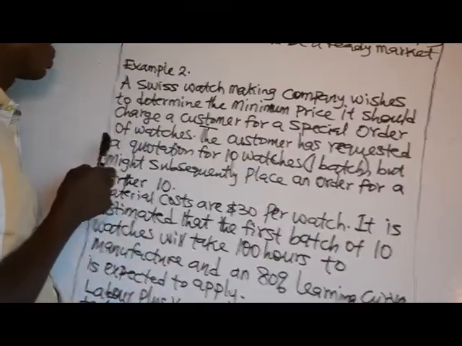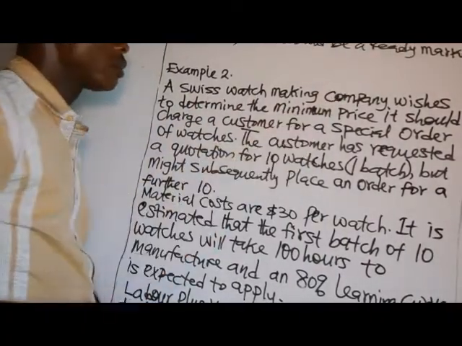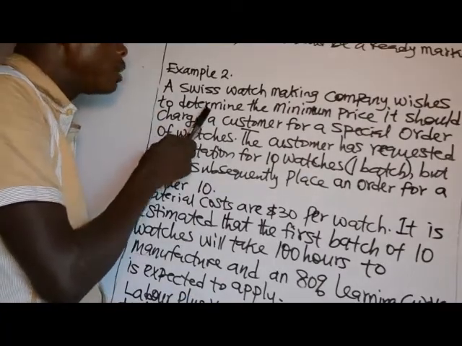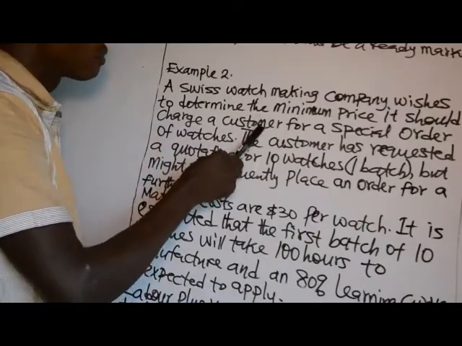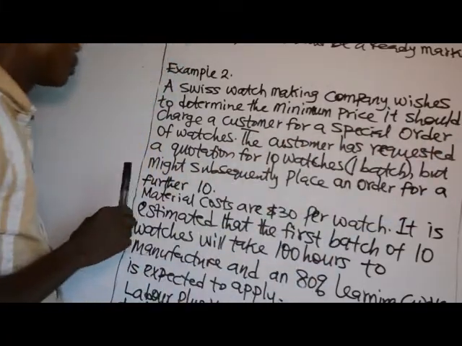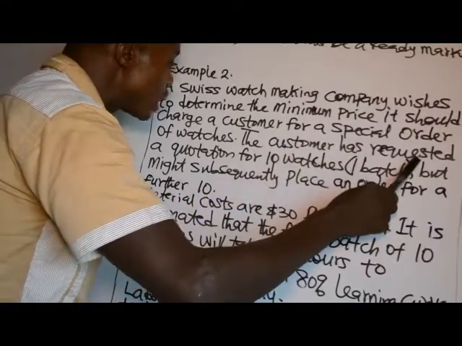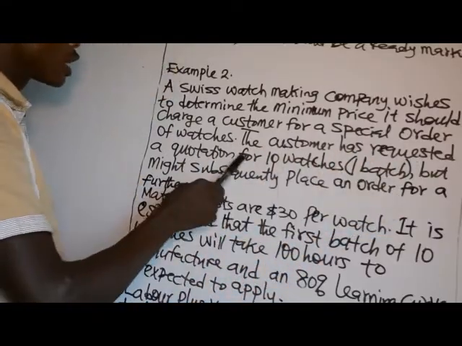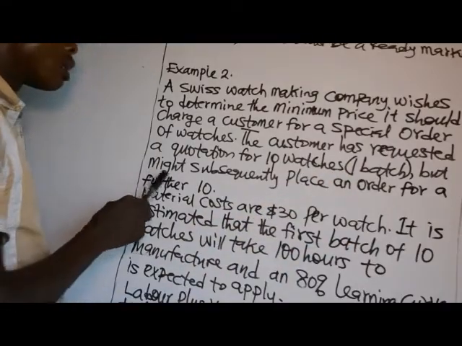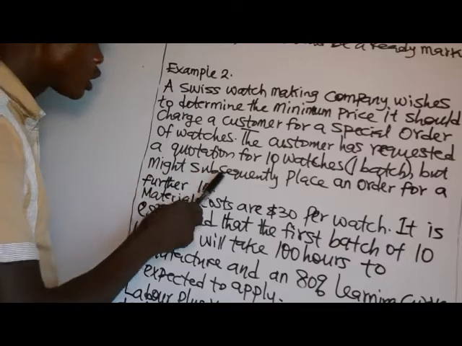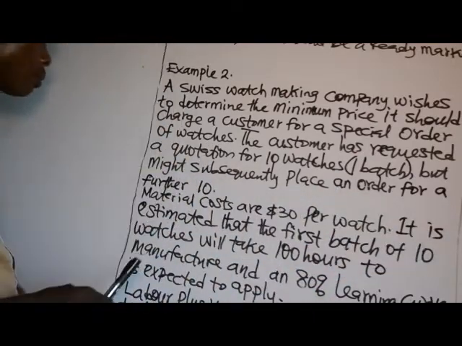Example 2. A Swiss watch making company wishes to determine the minimum price it should charge a customer for a special order of watches. The customer has requested a quotation for 10 watches, that is one batch, but might subsequently place an order for a further 10.